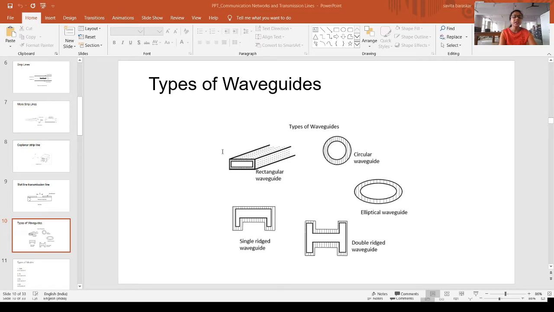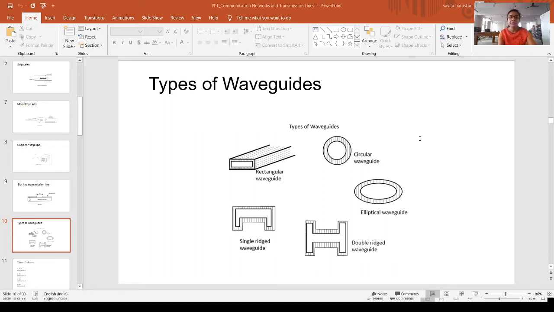Unlike the other transmission lines, meaning the two parallel wire transmission line and the coaxial cable, there is only one conducting surface, which is the outer layer, and inside the waveguide there is dielectric material filled.